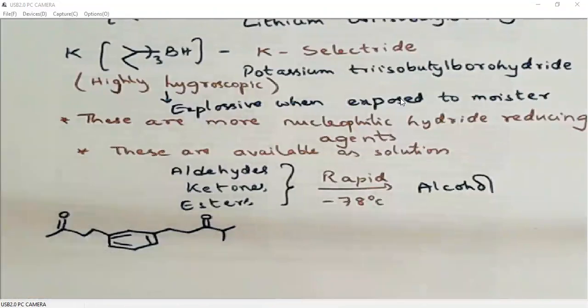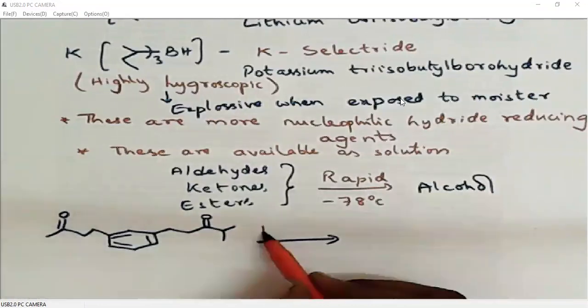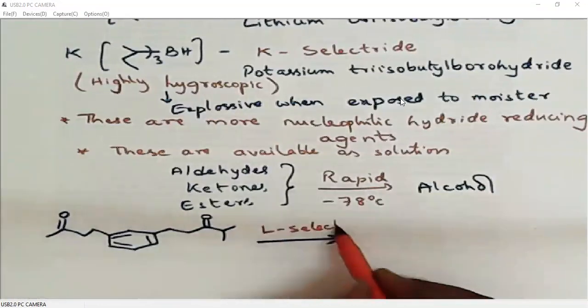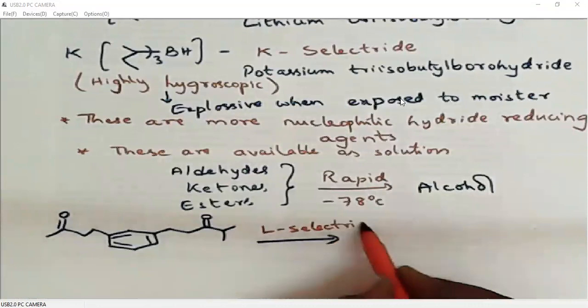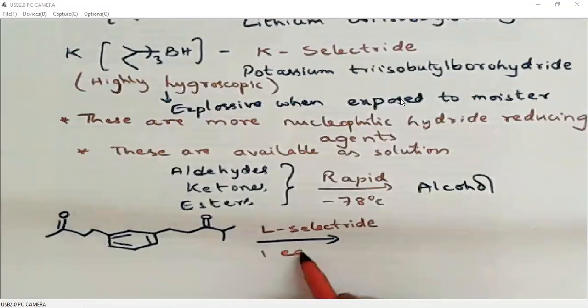carbonyl functional groups? In this case, both are ketones, but this one has a simple methyl group on one side, whereas this one has an isopropyl group. So when we want to reduce this diketone with L-selectride with only one equivalent, that means it can only reduce one of the carbonyls.